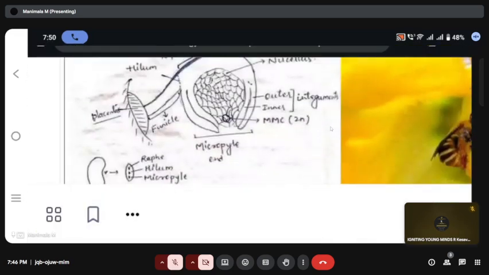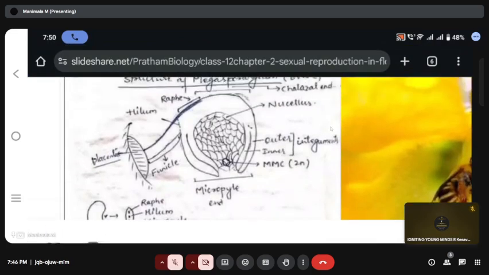The embryo sac has 8 nuclei, but we say the 7-celled stage only. It has the synergid region, the antipodal region, and the central polar nuclei. So each ovule contains a large embryo sac at maturity. After fertilization, the ovary becomes a fruit and the ovule becomes a seed. Any doubt? No, ma'am. Is it clear now?